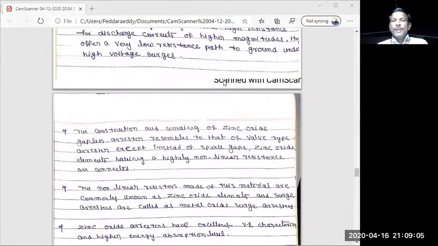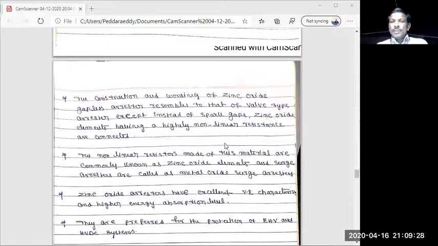The construction and working of the zinc oxide gapless arrester resembles that of a valve type arrester. The entire operation and construction is just like a valve type arrester, except for the spark gaps. In this arrester, the spark gaps are absent, and the nonlinear resistors are made with zinc oxide elements. Zinc oxide is a strongly nonlinear element.